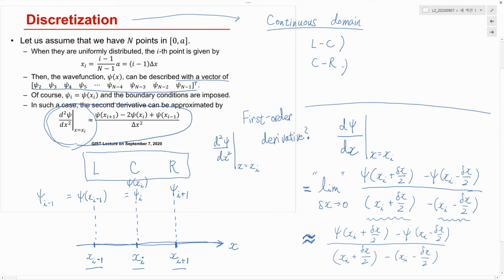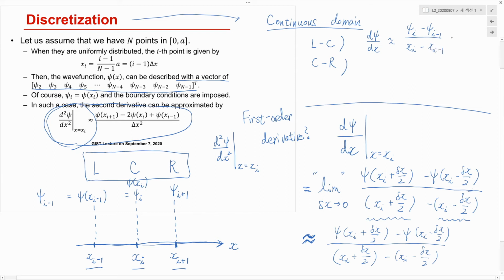If we consider the pair of L and C, then the first order derivative can be approximated as psi I minus psi I minus 1, where this is C and this is L, divided by xi minus xi minus 1.